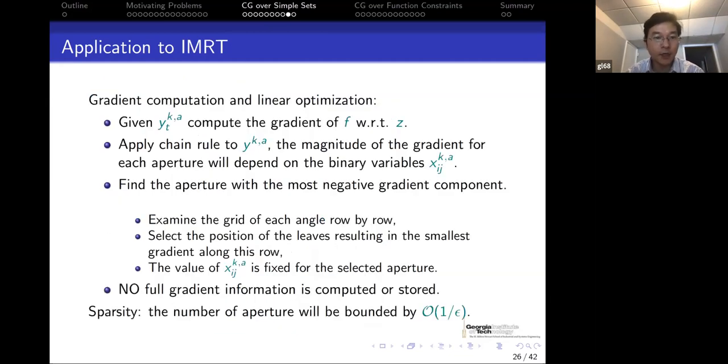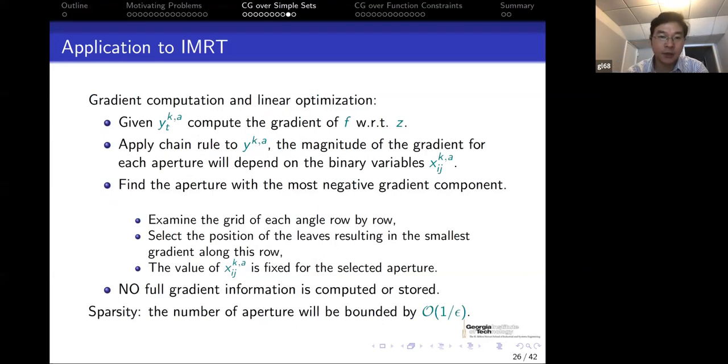If we apply conditional gradient to IMRT, we want to do gradient computation and linear optimization simultaneously. So for a given y, we first compute the gradient with respect to z.